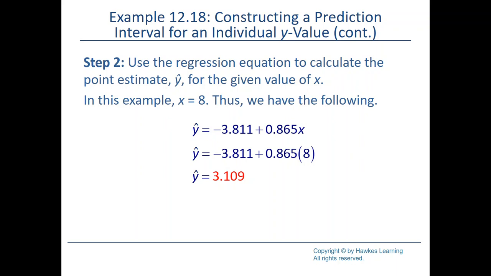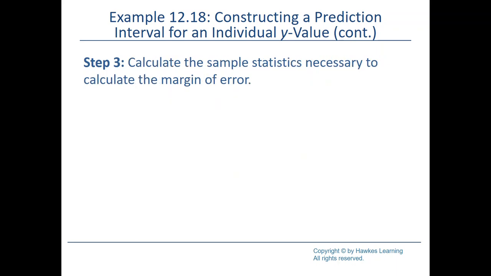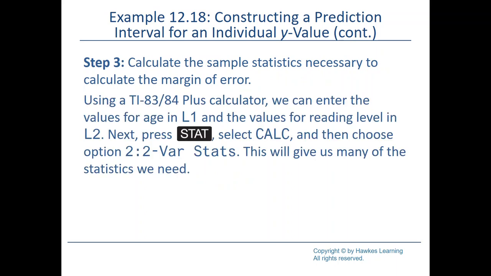This is my y hat for when x equals 8. Now we can use our calculator to help us get the sample statistics necessary for part of the margin of error, and to do that, we can get all the little things that we're going to need.